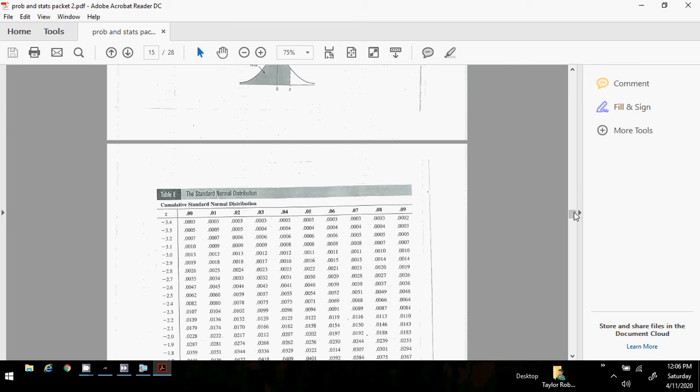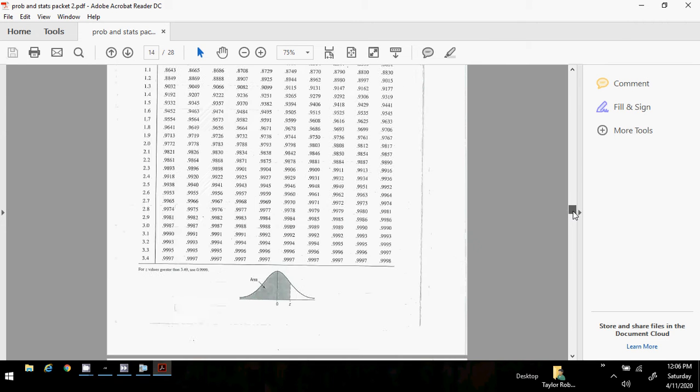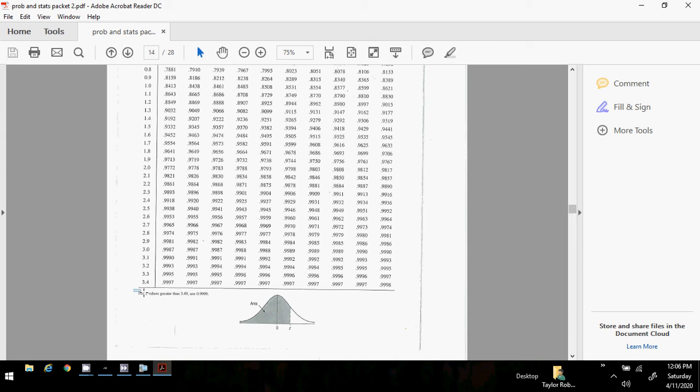Well, if you scroll up a little bit and look closely right here, it says for z values greater than 3.49, use this. So I'm going to use 0.9999. That basically is saying that 99.99% of our data is to the left of that point.